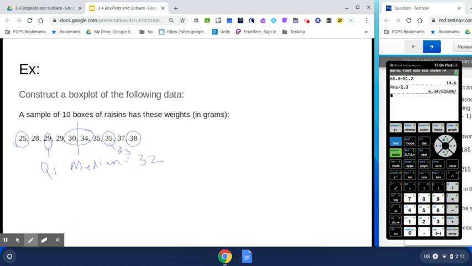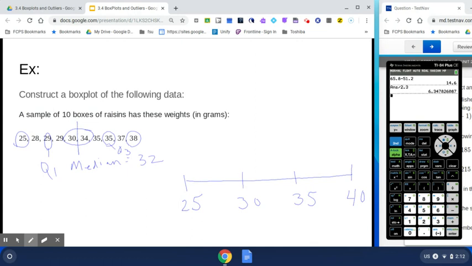So in order to make that box plot, I am going to construct a number line. Mine is going to range from 25 to 40. And my scale, I'm just going to count by 5s. So 30, 35. Okay, so quartile 1 forms the left side of my box.